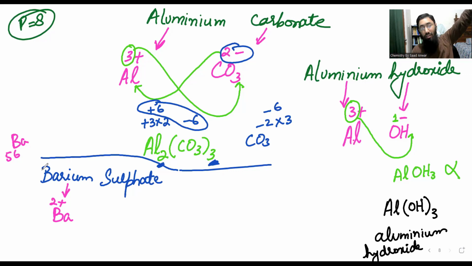Sulfate will have SO4 minus 2. Here you see both ions have 2 and minus 2, so plus 2 and minus 2 we can cancel.